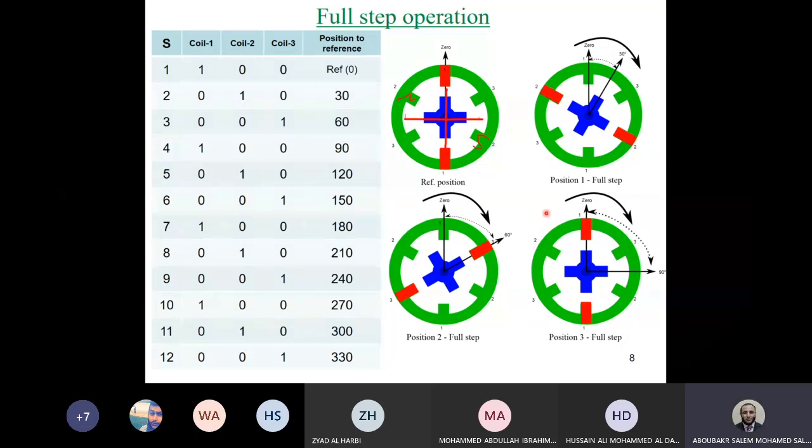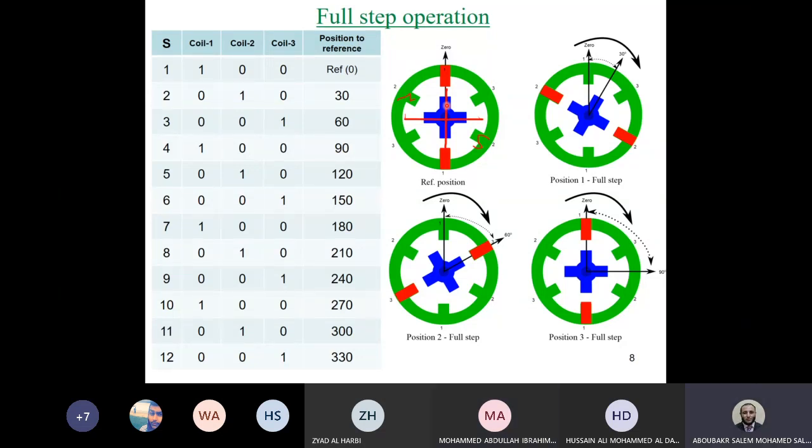So this means if I apply the pulse sequence of S1, the motor will stay at this position. It will not move. The machine will only move if we change the sequence of pulses. So motion here will come due to the change of the sequence of pulses.